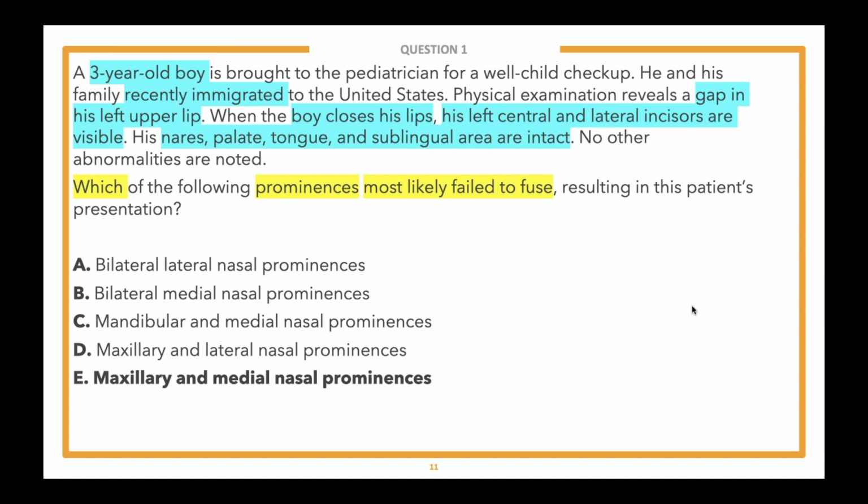So it's less likely to be this and more likely to be answer choice E. And lastly, answer choice A. This is actually incorrect. Those two lateral nasal prominences do not fuse together, so that's an incorrect answer choice overall. So hopefully you guys see why answer choice E here is the best answer.